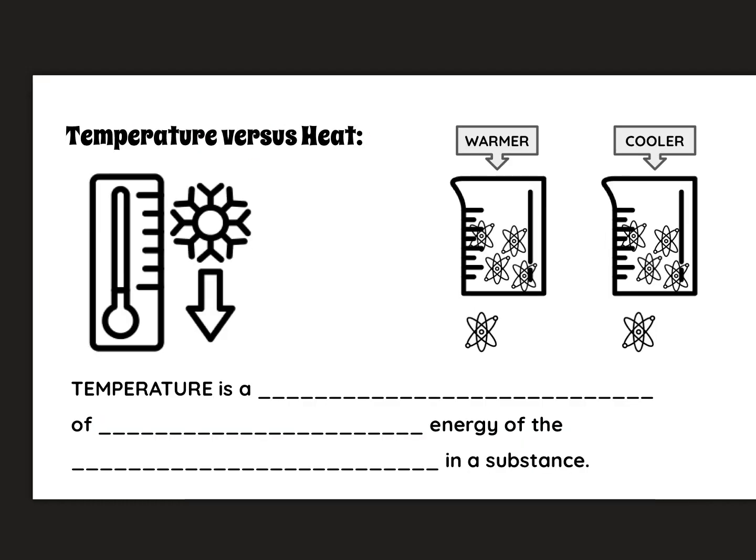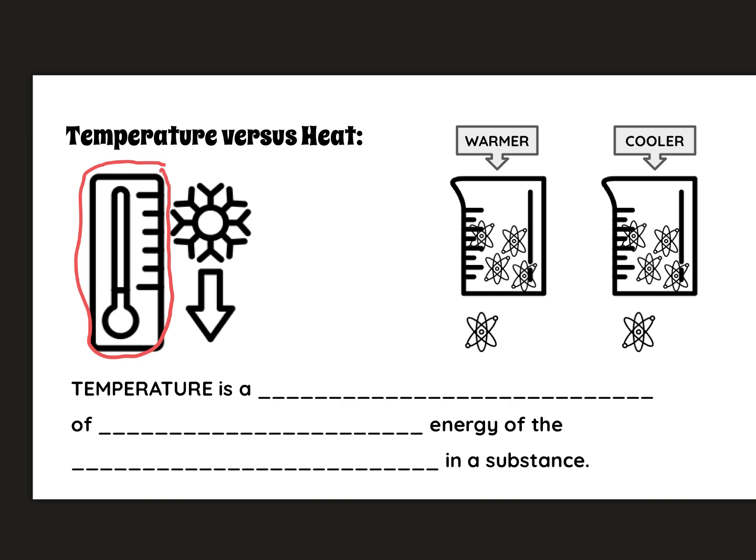So what is the difference between temperature and heat? Temperature is a measurement of the kinetic energy of the molecules in a substance. If temperature is a measurement, then we need a tool to be able to measure. So the measurement tool that we use is a thermometer.